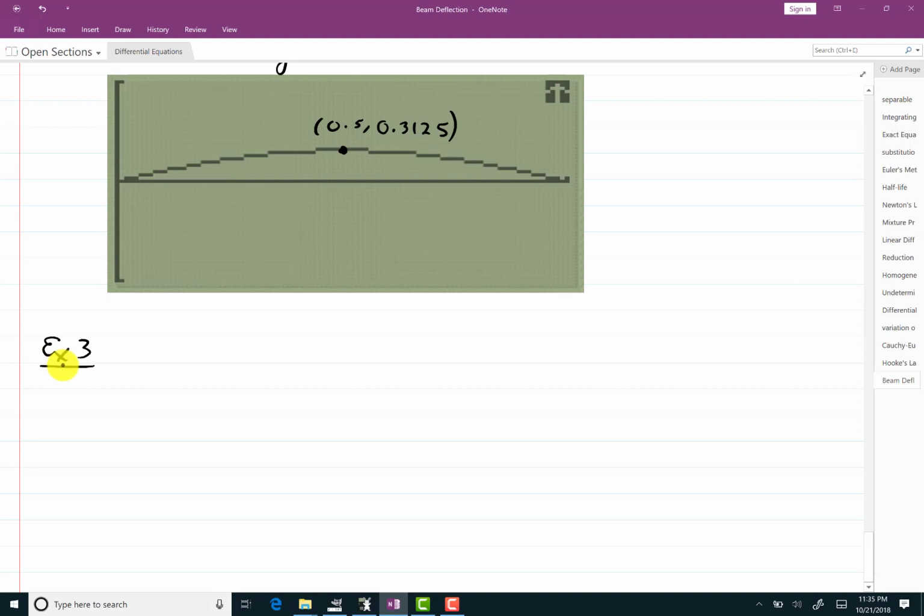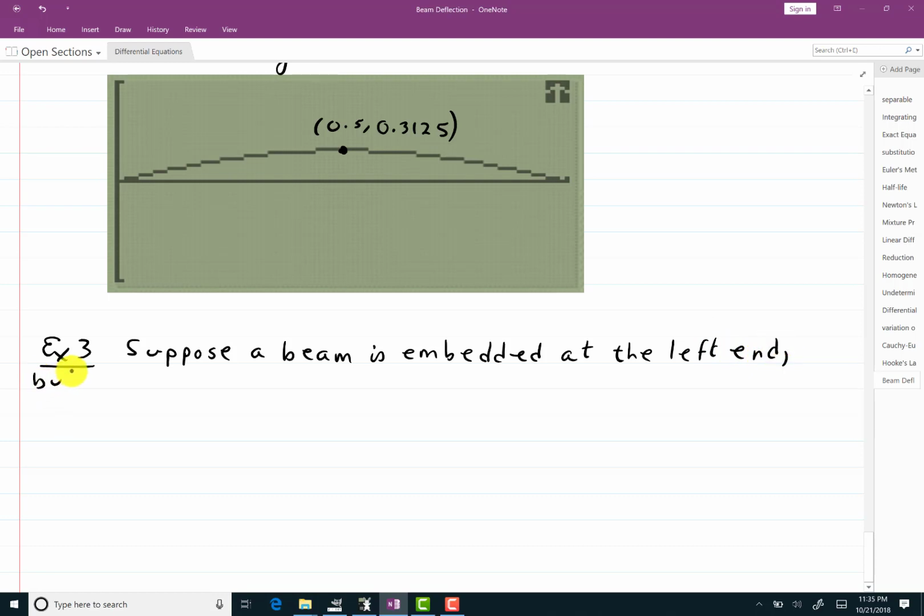This time, suppose a beam is embedded at the left end but simply supported at the right end.